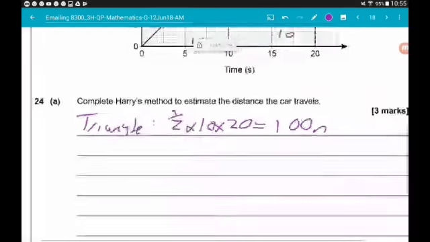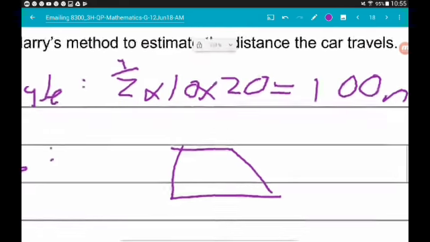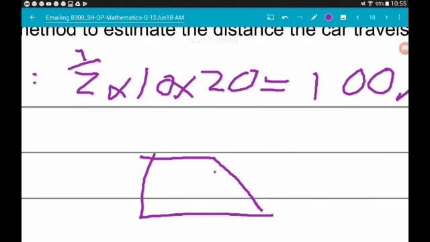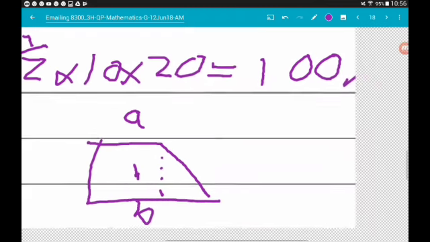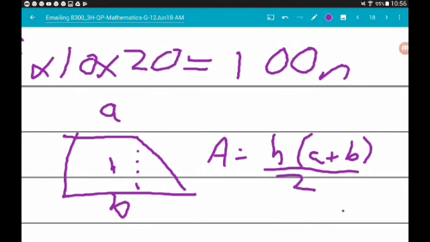So for the trapezium, first of all we need to remember the formula for the area. So we call the height H, the top A, and the base B. The area is the height times A plus B, all divided by 2.